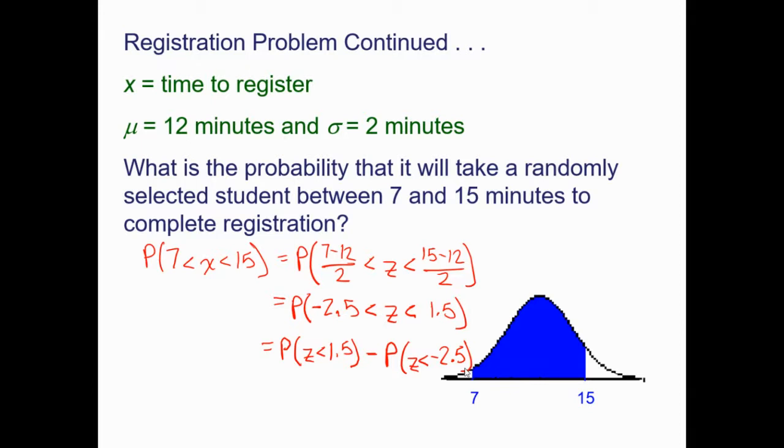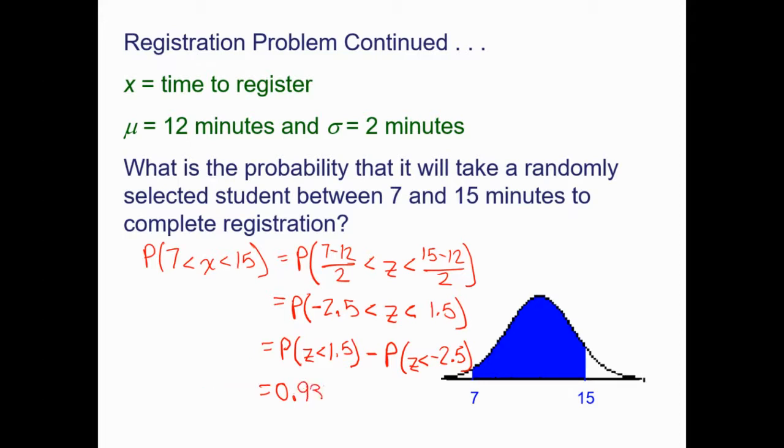So what's our probability that Z is less than 1.5? You said 0.9332?